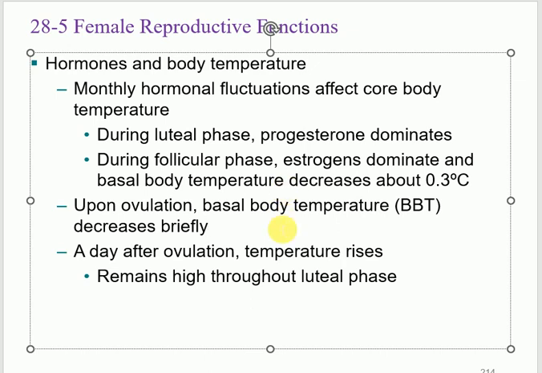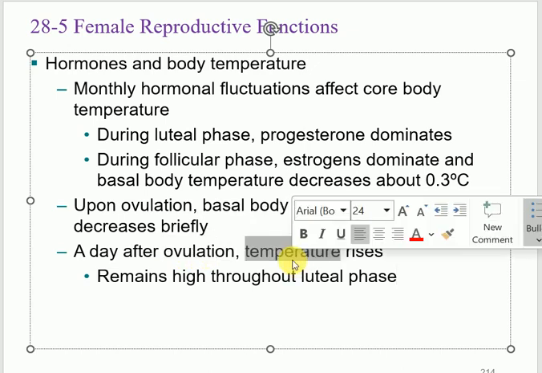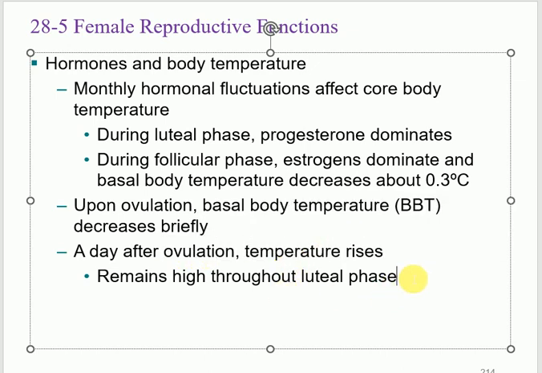During ovulation, it drops a little bit, but a day after ovulation, the temperature rises. And this is an important one, and it will continue to rise. So, what is the importance of that? Why does the temperature increase one day after the ovulation? This is something that tells the lady that this is a time of ovulation.